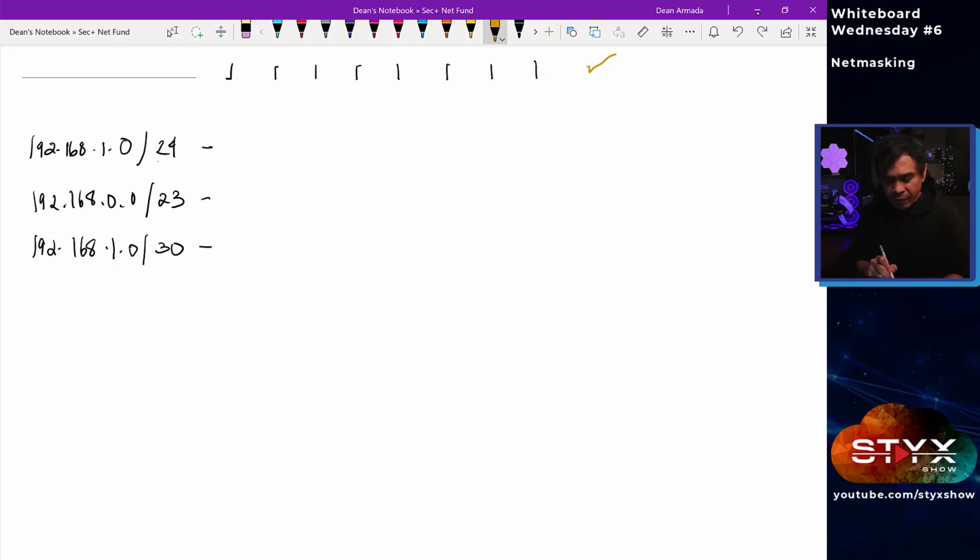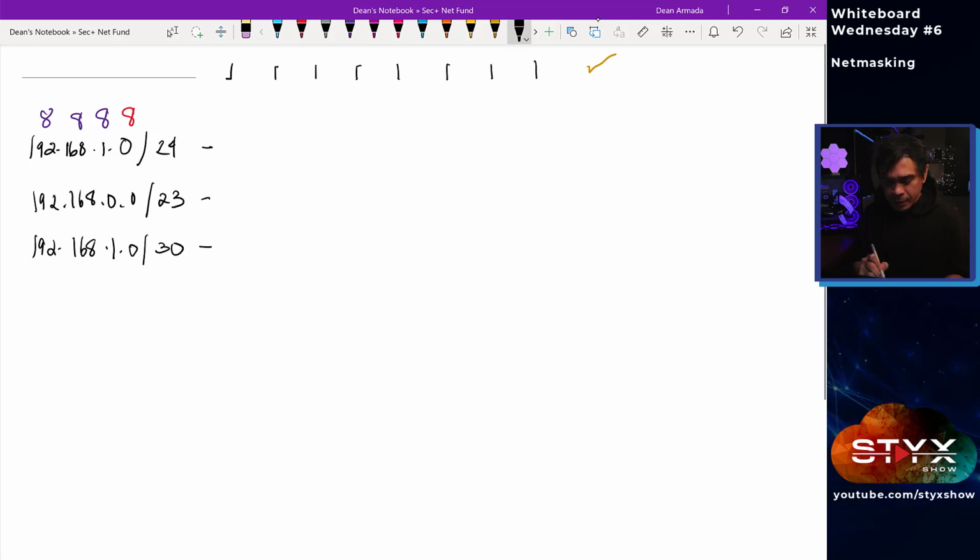If we're talking about /24, practically the easiest. Why? Because 24 means 24 bits are the network side, and only 8 bits are the host side. So I'm going to add 8, 8, 8. This is the network side, and this is the host side.